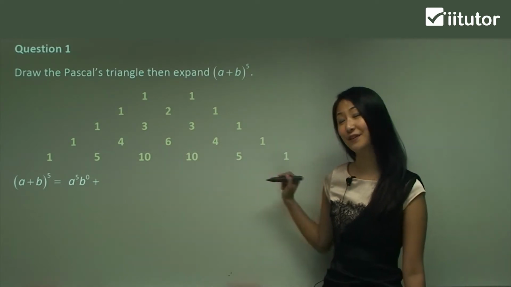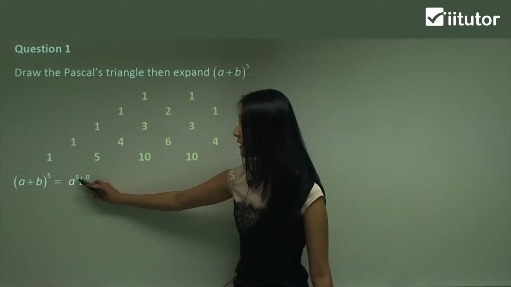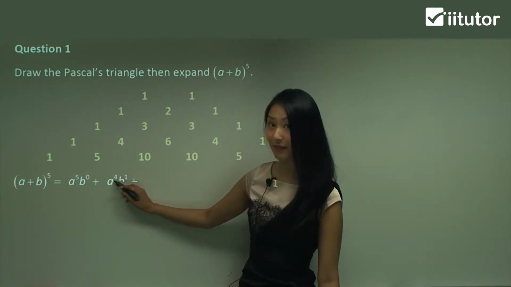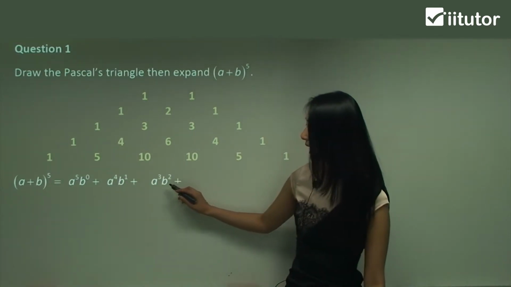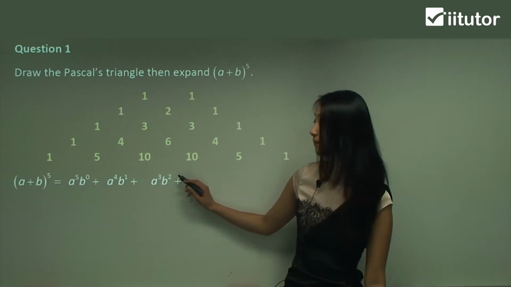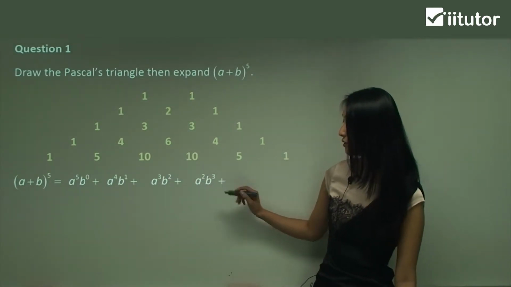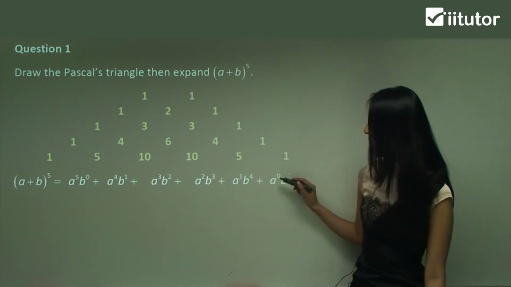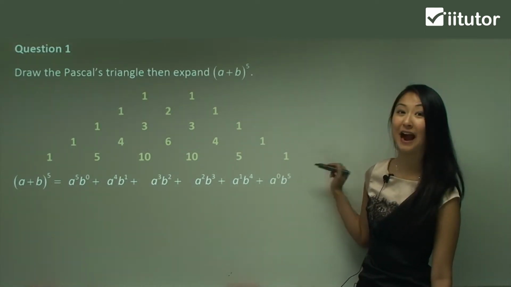So all you need to do is fill in the ones between. Subtract 1, add 1, 4, 1. Subtract 1 from that, add 1 to that, a to the power of 3, b to the power of 2. Subtract 1, add 1, 2, 3, that becomes 1, 4, and we finish with a to the power of 0, b to the power of 5 there.